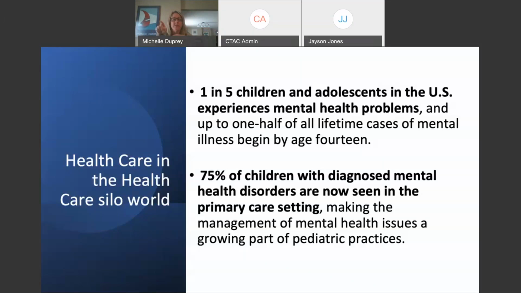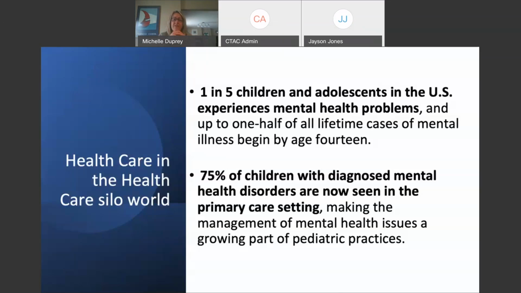How many of those parents make that jump is too little. It's not enough. And it's because we make it so difficult for them. It's because we have the silos that we miss such an opportunity to intervene early and detect early. So healthcare is operating in this silo world.